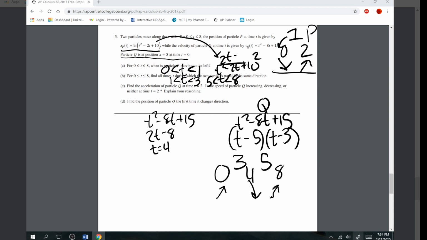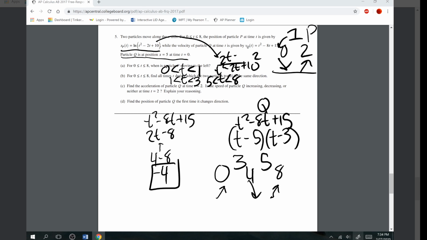And oh, why did I do that? Oh, I'm supposed to find it at time 2. So I goofed up there. I don't know why I found the critical point, but I didn't need it. If I plug 2 into this acceleration equation, I get 4 minus 8, which is negative 4, which is my acceleration. There are no units in this question, so just a big old box of negative 4.